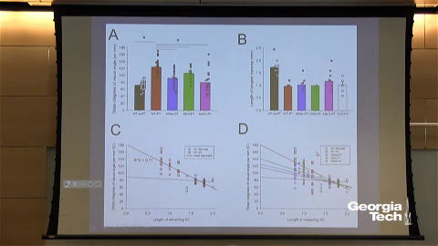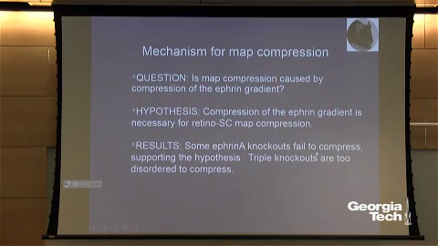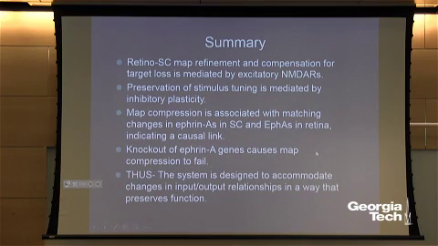So they're all roughly half. Okay, so that supports the causal connection then, that we do interfere with compression of the map if we don't have the ephrins. It's definitely not clean data, so we're going to have fun trying to sort out exactly what's going on, and that suggests a lot of further experiments.